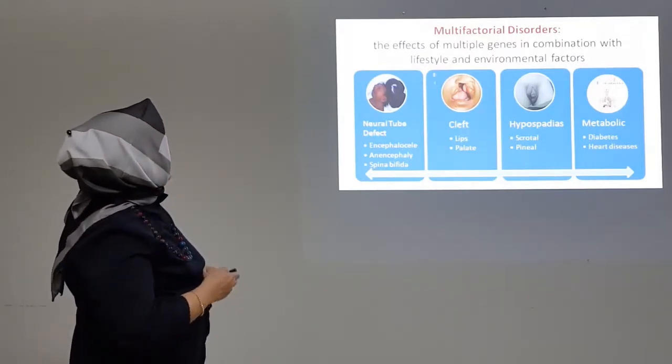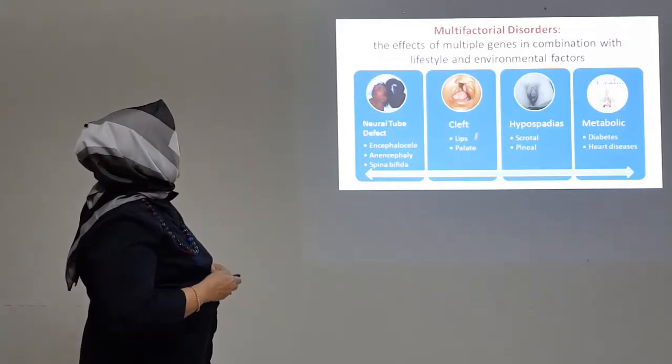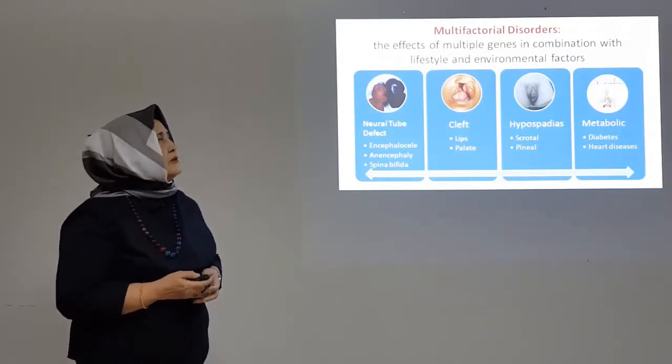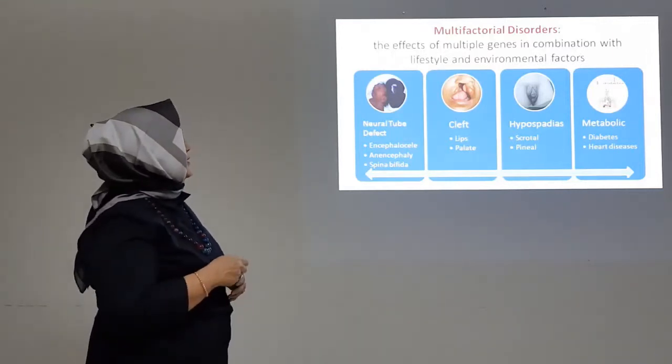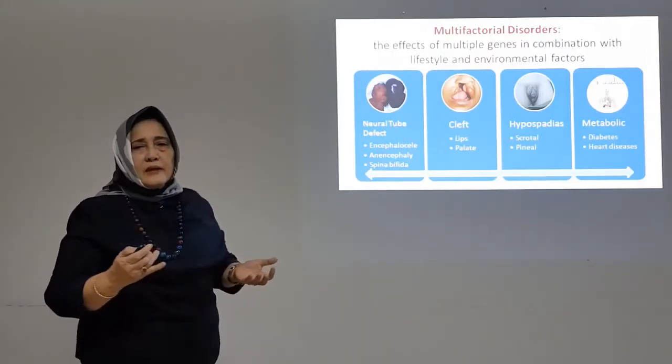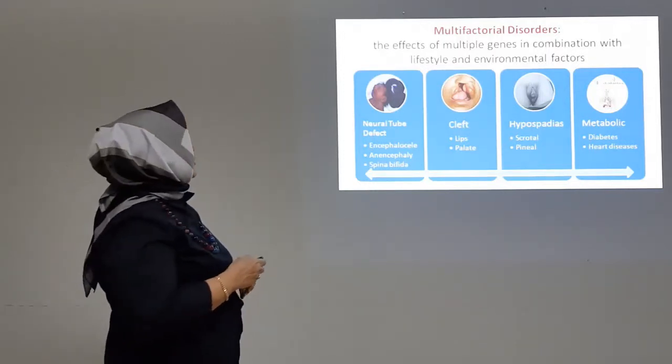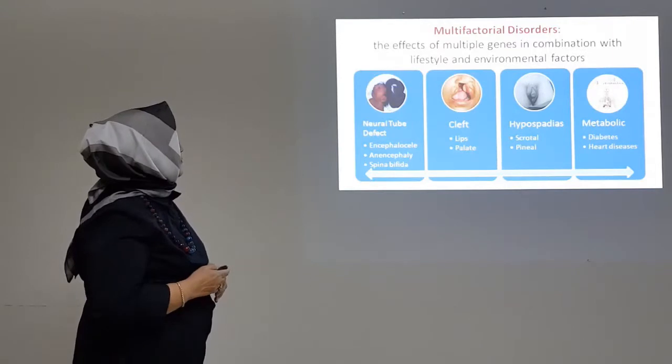And the next one is cleft lip and cleft palate. Also still in discussion. Some researchers found there is an abnormal gene in these cases, but some others say that nutrition or maybe intoxication influences the cases with cleft.